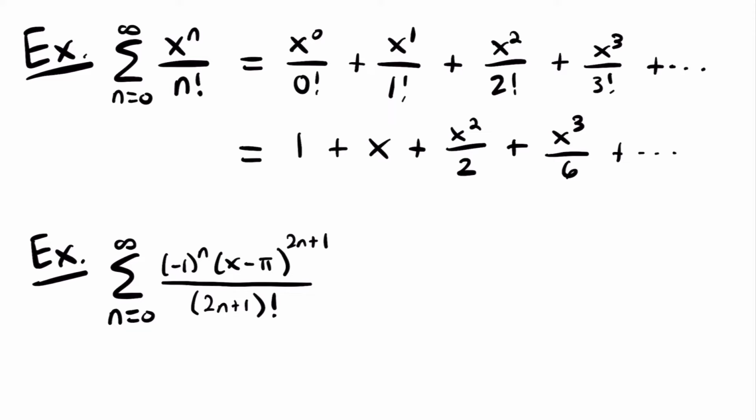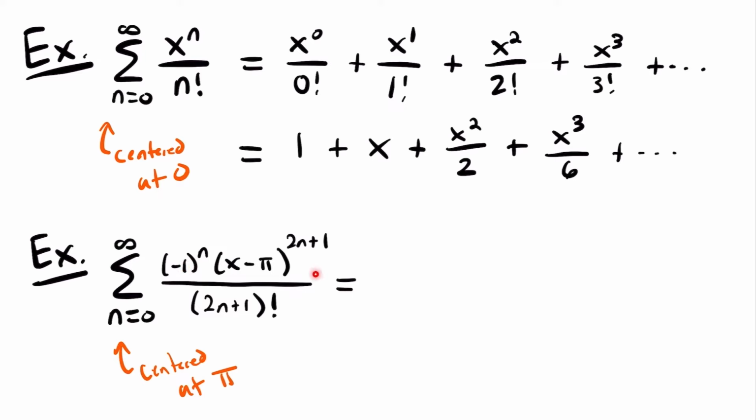Okay, so just make a note that this power series was centered at 0, but this power series is centered at pi. Okay, now if we were to look at the first couple terms of this power series, they would look like this. Let's start with n equals 0. We would have negative 1 to the power of 0, which would just be 1, and so we don't need to worry about that part.